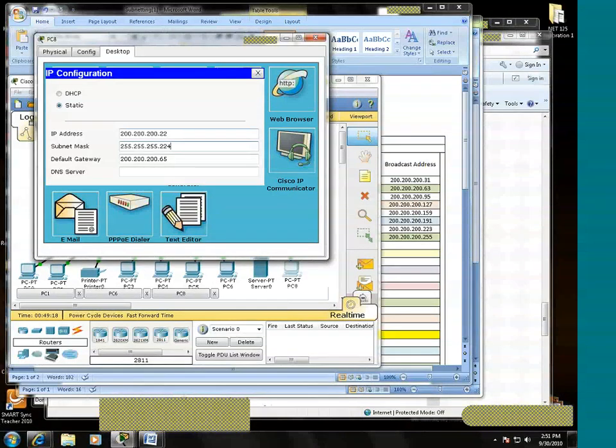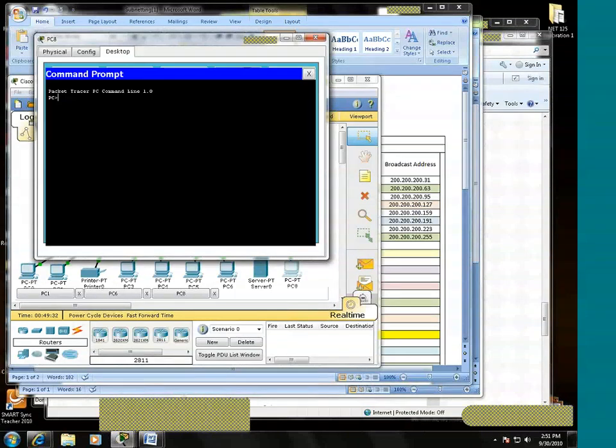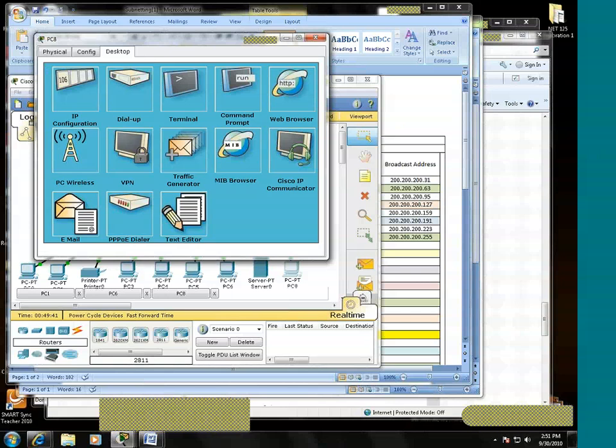So what's the appropriate host address? We can't use 65 here because 65 is the default gateway. We can use 66. Okay, let's do a connectivity test. Good to go.